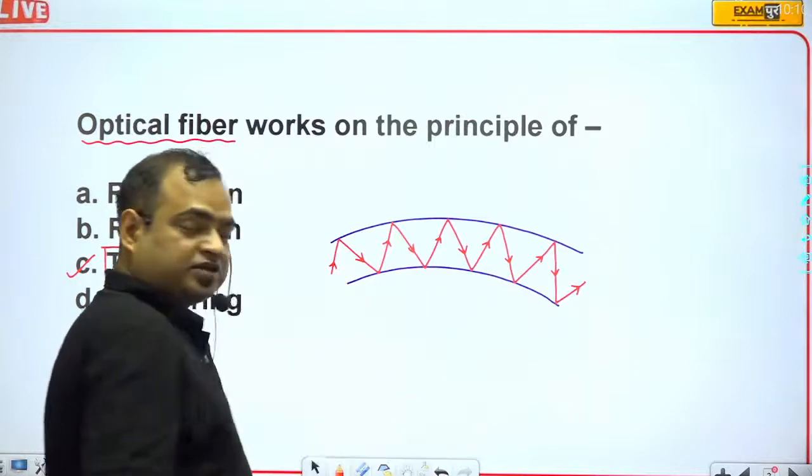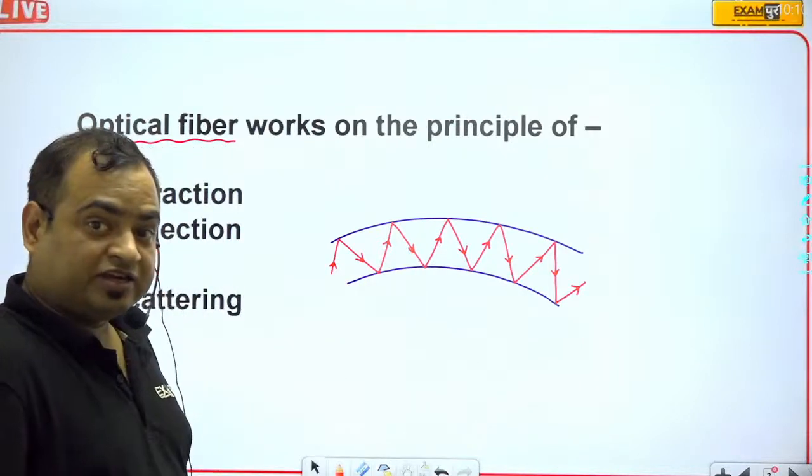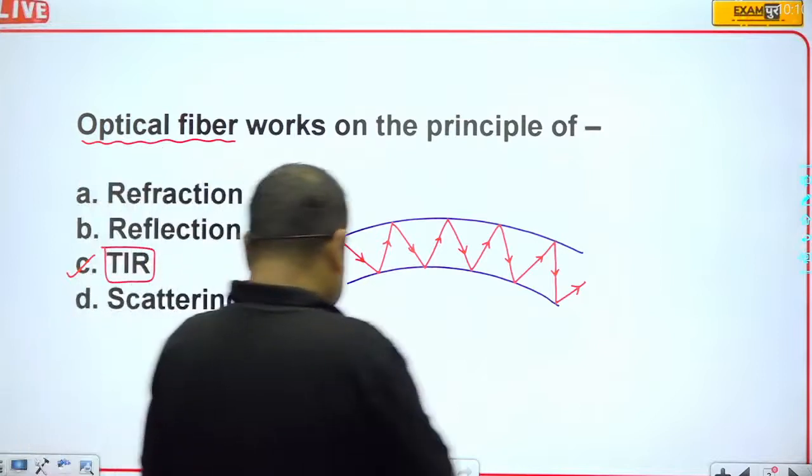We all know that light is an electromagnetic wave.